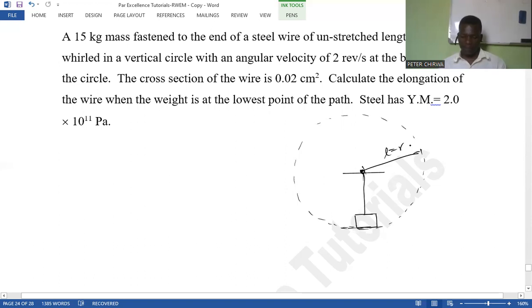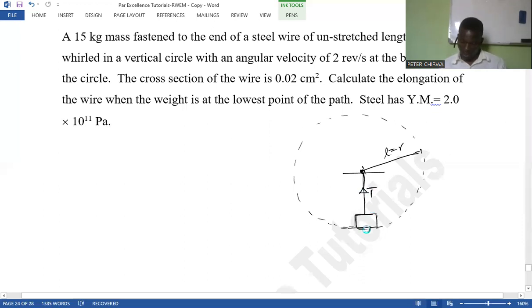And then we're told we need to consider the elongation at this point at the bottom of the path. So here at this point. Now, at this point, what kind of motion do we have? And here in the wire, what kind of force do we have? So we can say we have the tension force in the wire there.